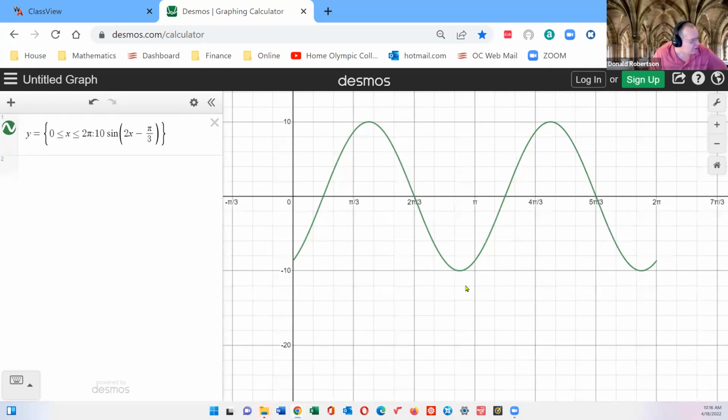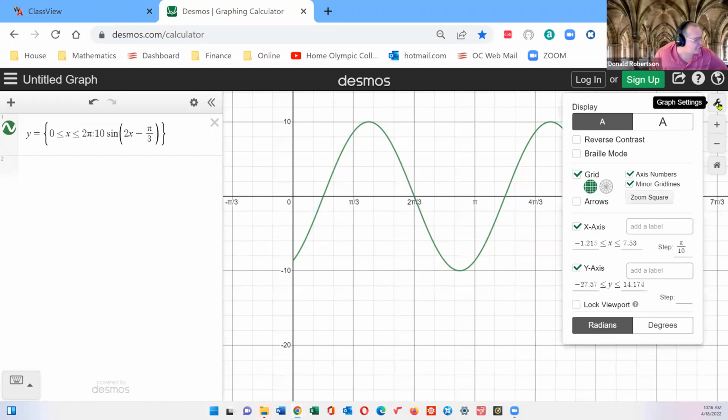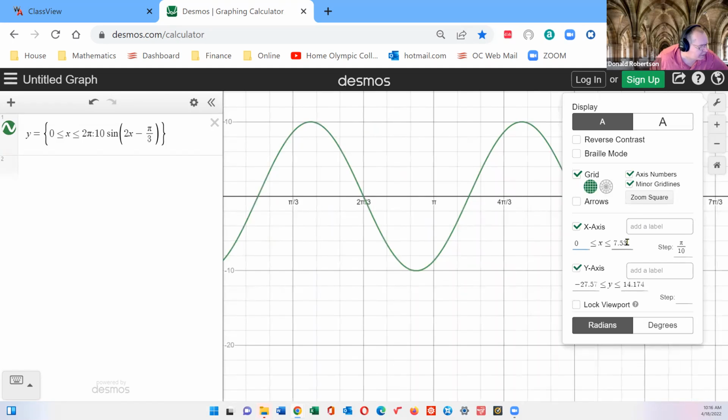It's kind of nice. Now, if you wanted the scales to have versions of pi, like I have here, hit the little spanner symbol, and put in whatever number you wanted to start at. Let's say it was 0 to 2 pi.